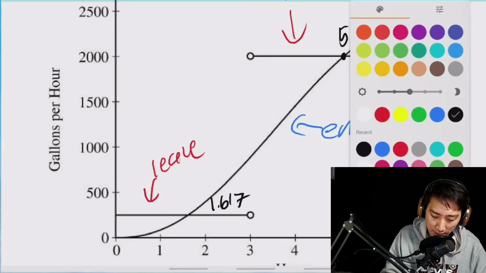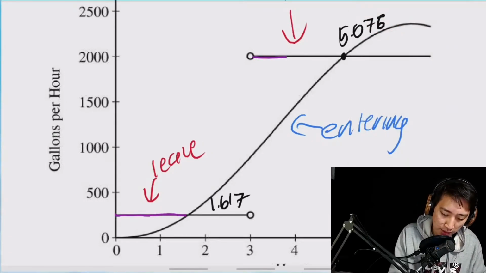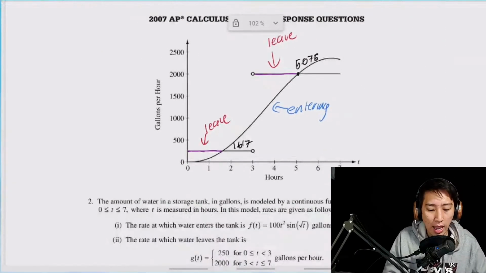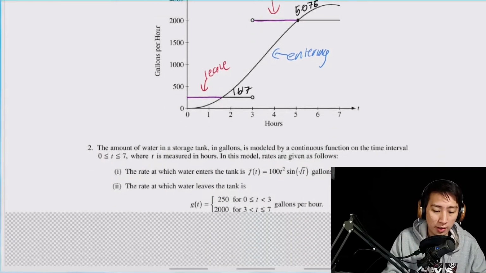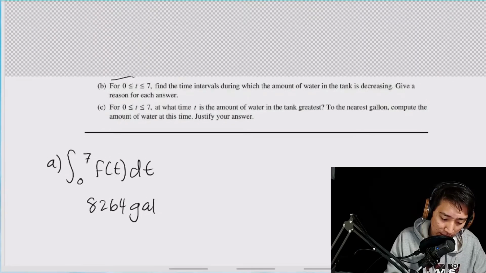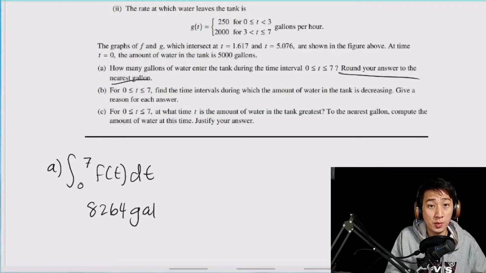So it's going to be this purple section here, and this purple section here. These are the places where I have more water leaving than water entering. So what B is asking is when the water in the tank is decreasing, which means I have more water leaving than entering.